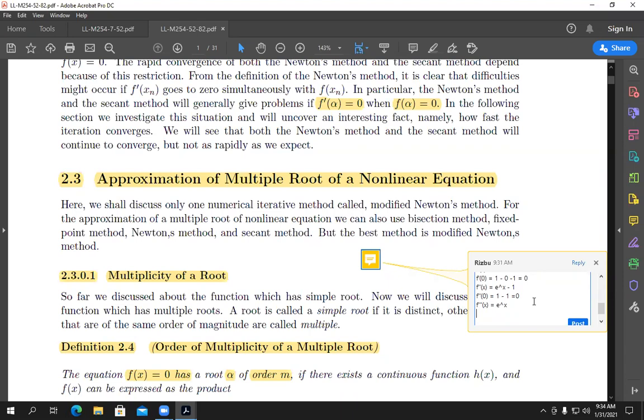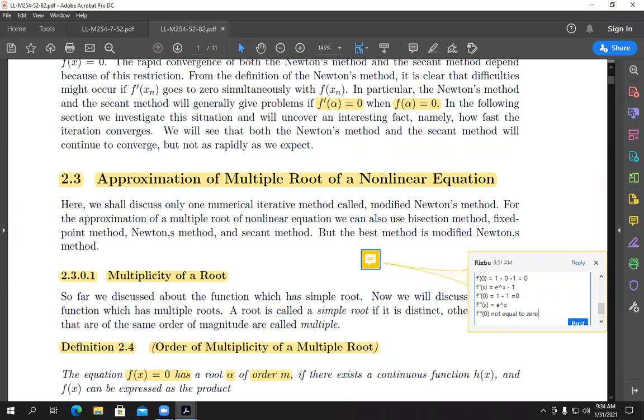And then you check the third derivative at 0, and this is not equal to 0. What is the third derivative at 0? It is 1.